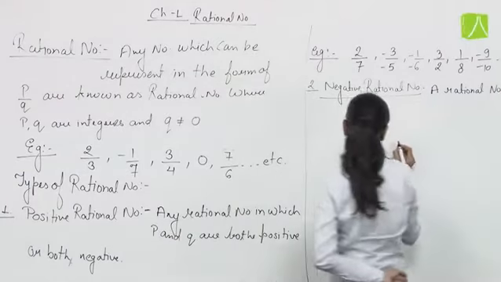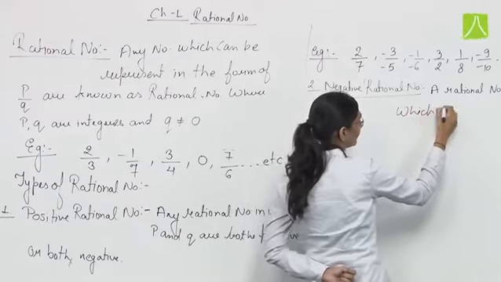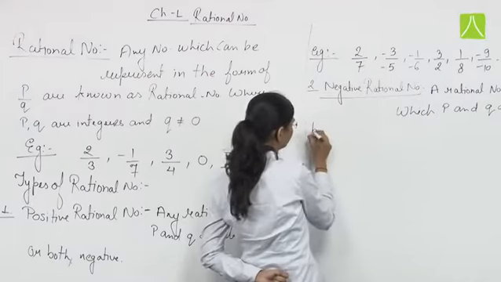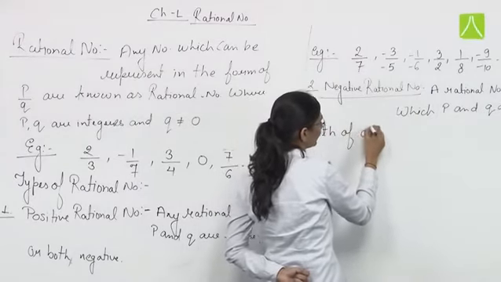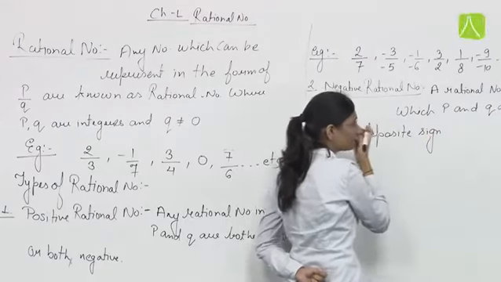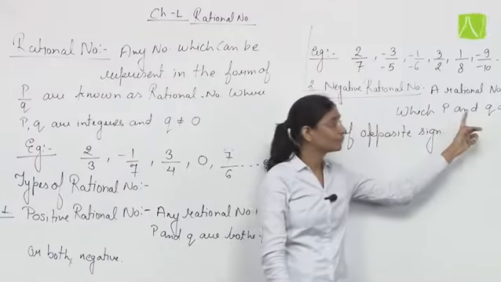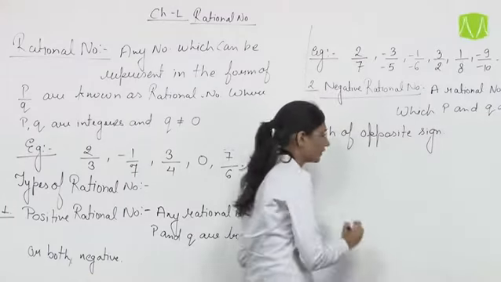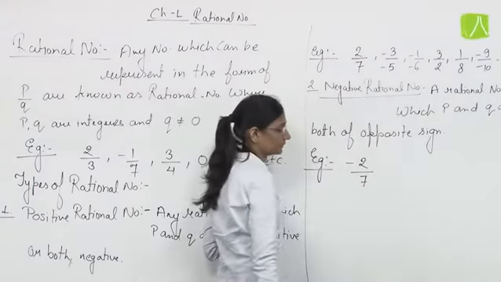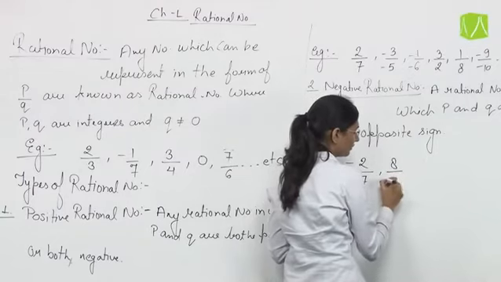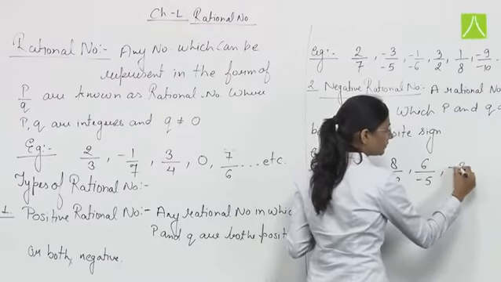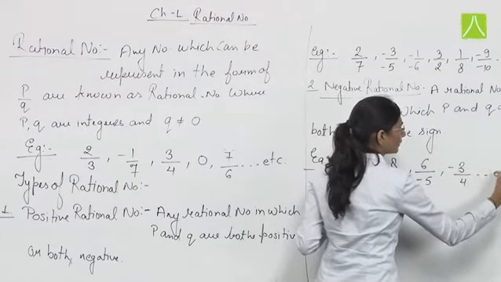If p is positive, then q should be negative. If p is negative, then q should be positive. For example, minus 2 by 7, 8 upon minus 3, 6 upon minus 5, minus 3 upon 4, etc.